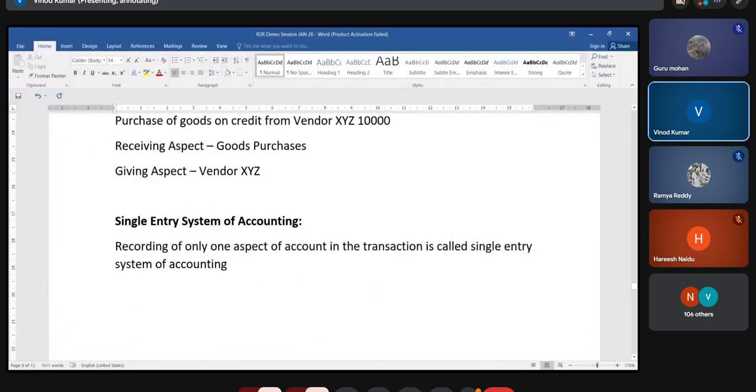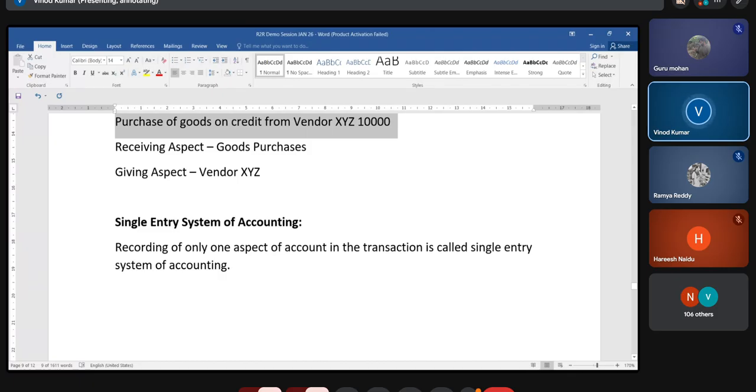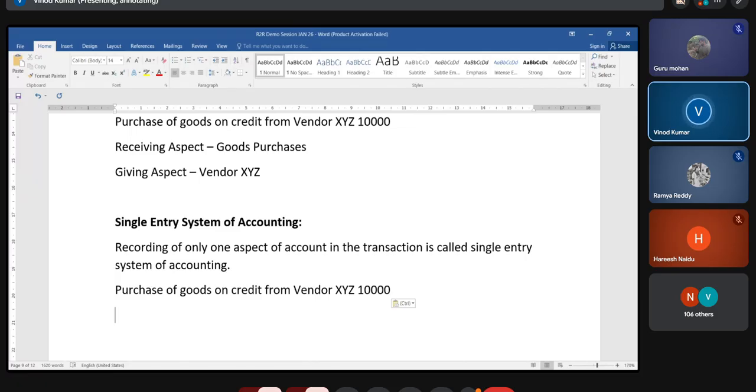In the previous example, in this particular transaction, they would record purchase of goods on credit. They would not record two aspects. They would record just purchases, 10,000 rupees. If they make some sales, they update it as 1 lakh.